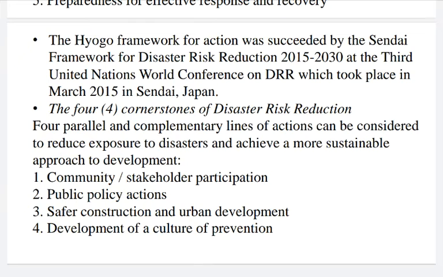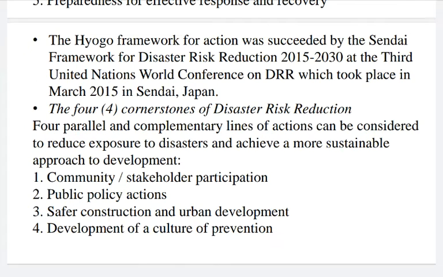The four cornerstones of risk reduction are: one, community or stakeholder participation; two, public policy actions; three, safer construction and urban development; and four, development of a culture of prevention. So these are the four parallel cornerstones.